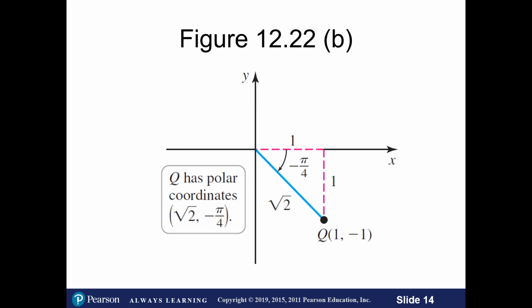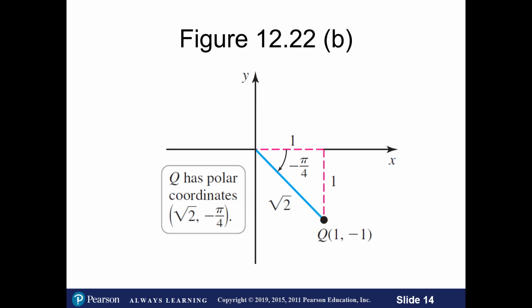Okay, so when you're converting from Cartesian coordinates to polar coordinates, it helps if you plot the point, because we want to make sure that we get the correct angle theta.